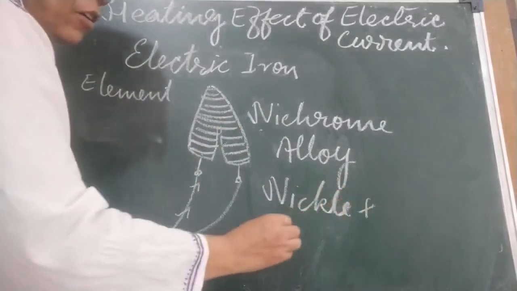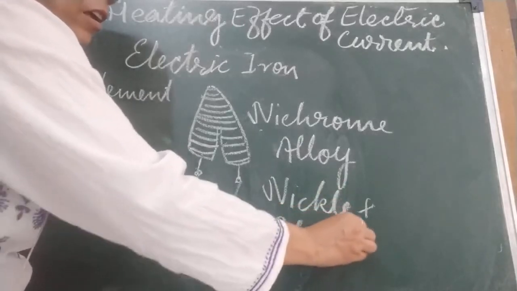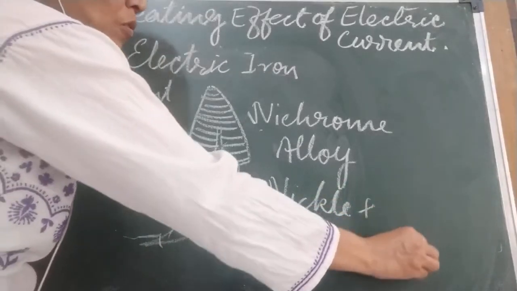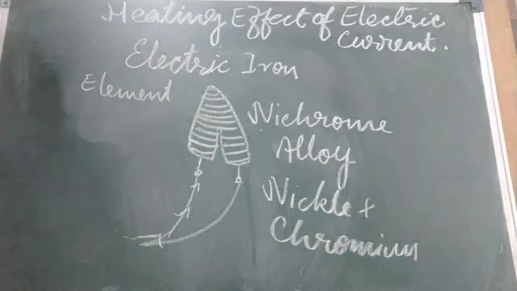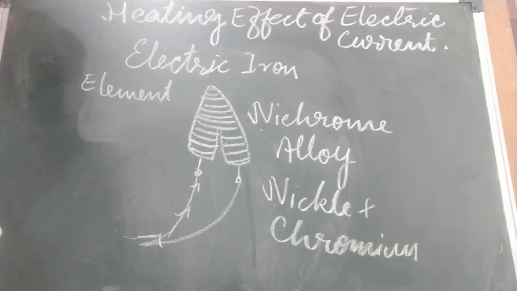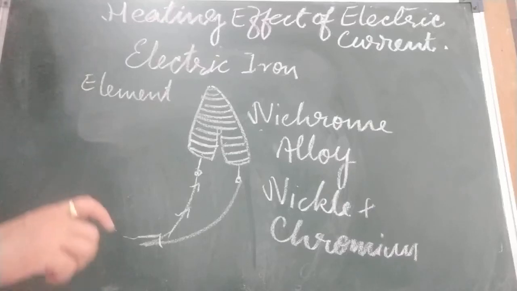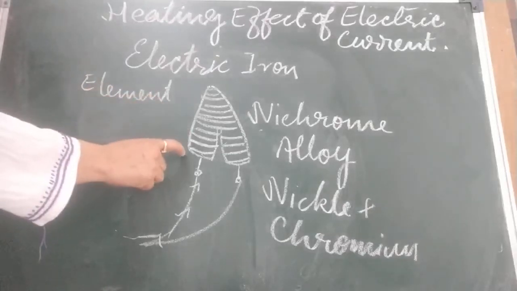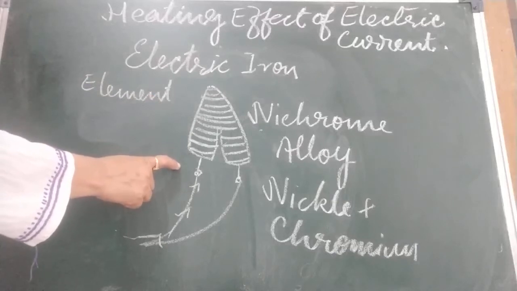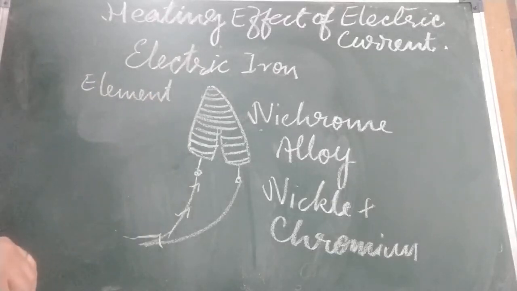These two are mixed together and form nichrome, and this is a special wire. Why is this special? It converts electrical energy into heat energy. It has high resistance. It stops the electric current and converts it into heat. So this nichrome wire converts electrical energy into heat energy, and that heat energy we utilize for ironing the clothes.